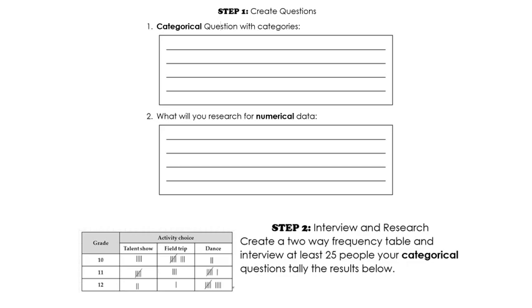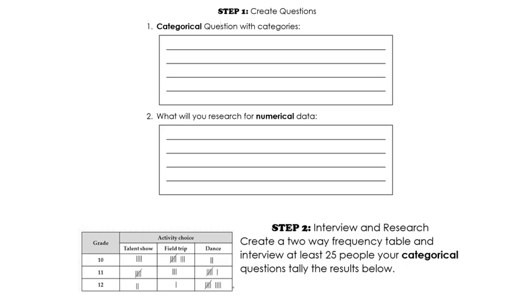Now, if you turn to your page two, you have what you have to use for your step one. You are going to create your question. So you're going to have a categorical question, which is a question that has categories. So meaning that you're going to ask a question and you basically give the options that the people can give you back. So they can't give you an unlimited amount of answers.